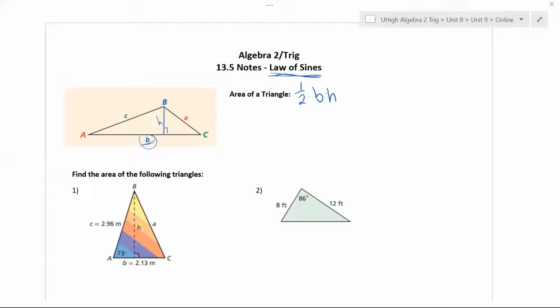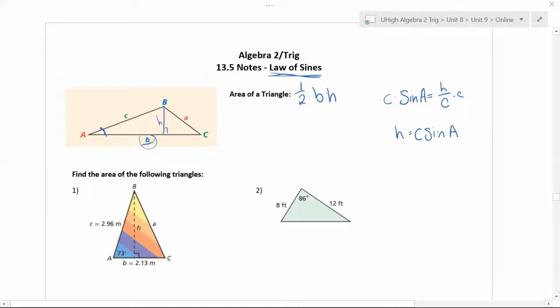I can look at this angle A and see that the sine of angle A is opposite, so my h value, over my hypotenuse, which is C. And if I multiply both sides by C, I would see that h is C times the sine of A.